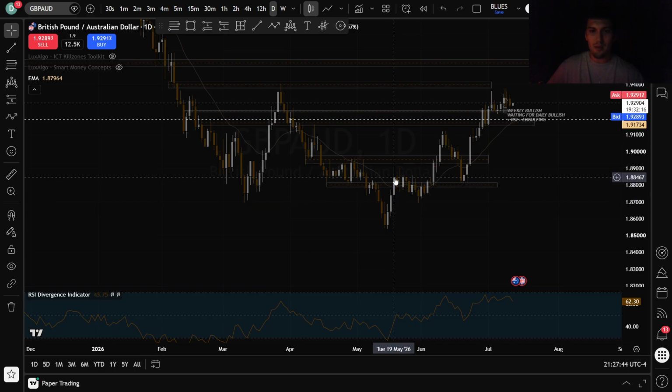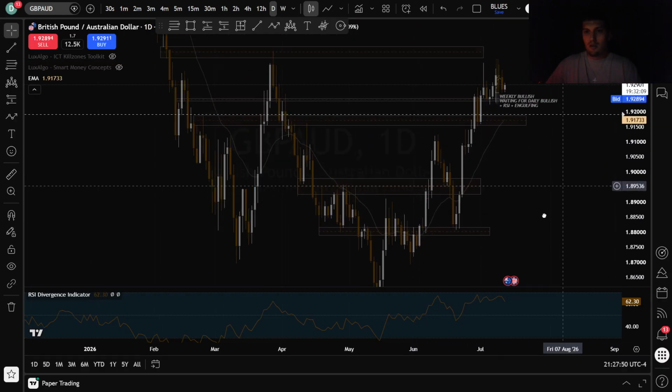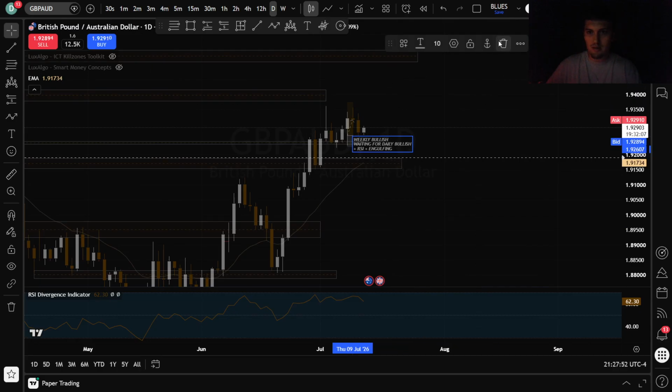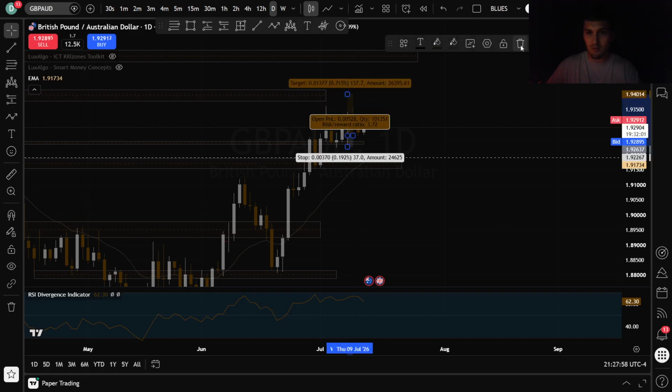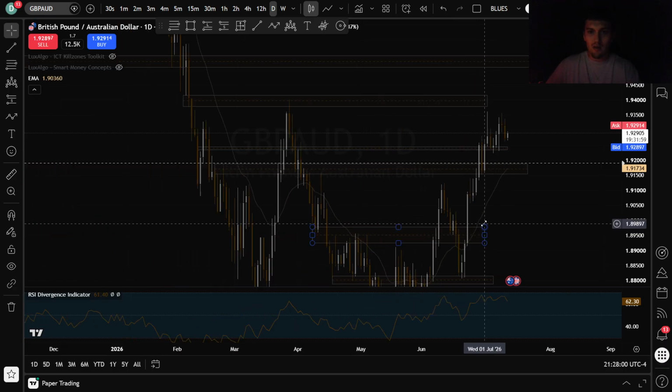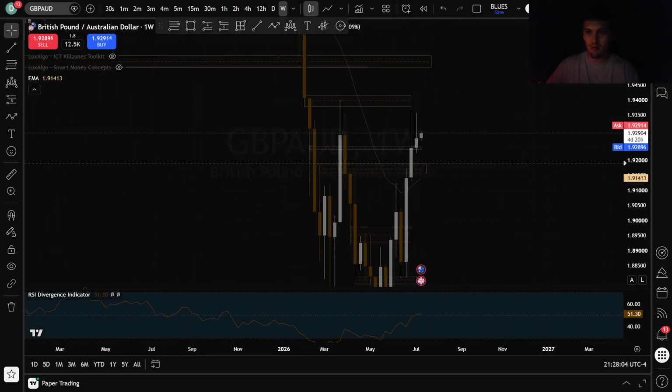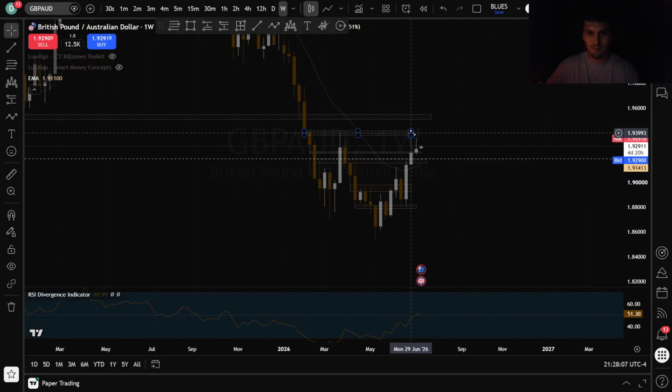We have a big, big push up, higher high, higher low, higher high, higher low, higher high. So let's see what we're looking at here. We have history of already taking bullish trades as well, so we don't want to go against that. This is just not what I want to see at all.